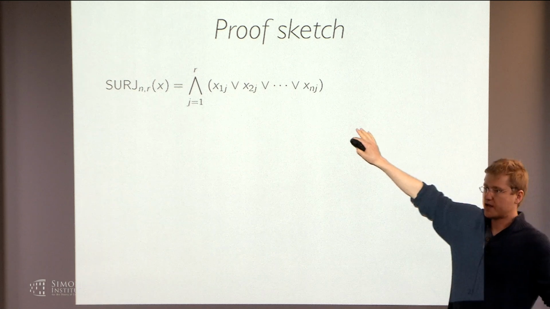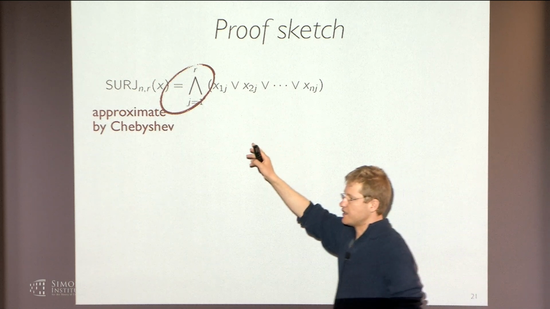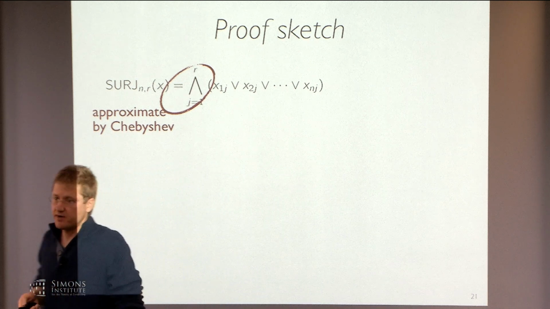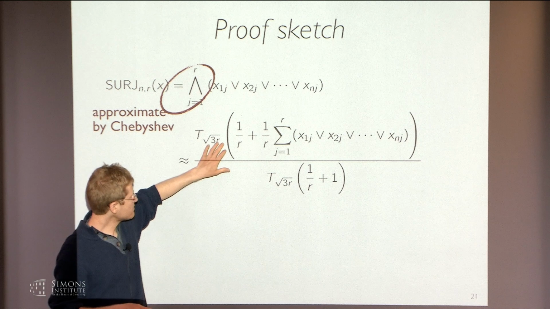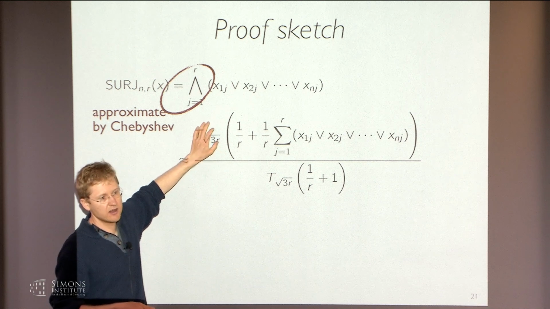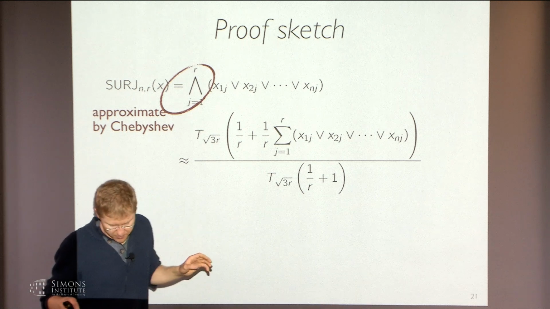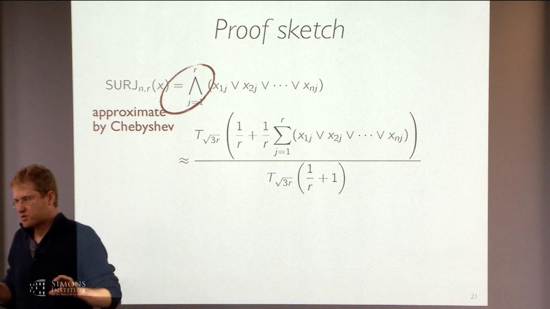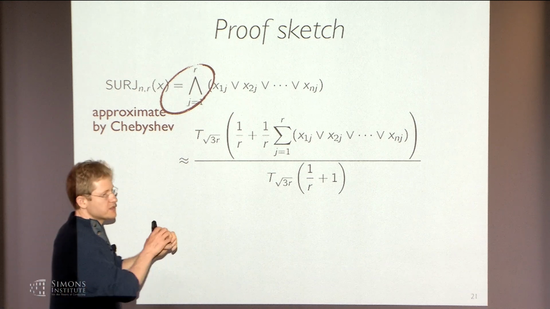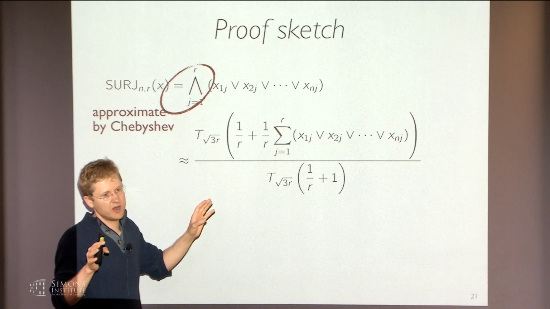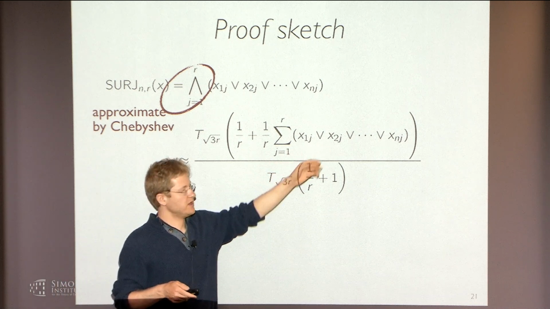Let's just write the function down as it is defined. And the outside gate, the outer gate, we're going to approximate by Chebyshev. So then we have this expression. All I've done here is approximate the AND gate by a Chebyshev polynomial. And you know everything about Chebyshev polynomials that you could ever ask. So if you multiply this out, you get a linear combination of these.